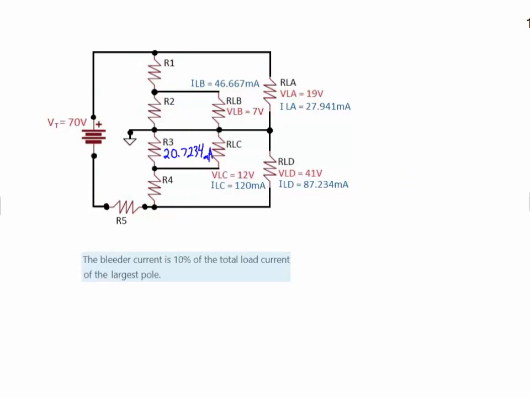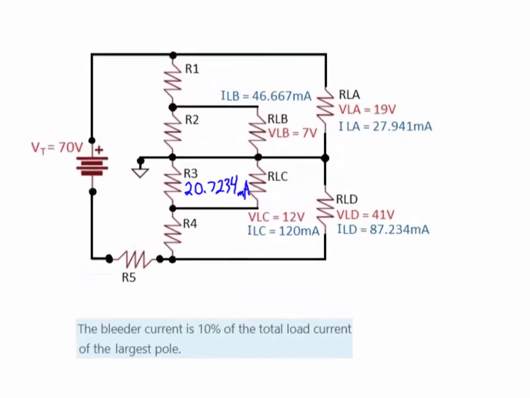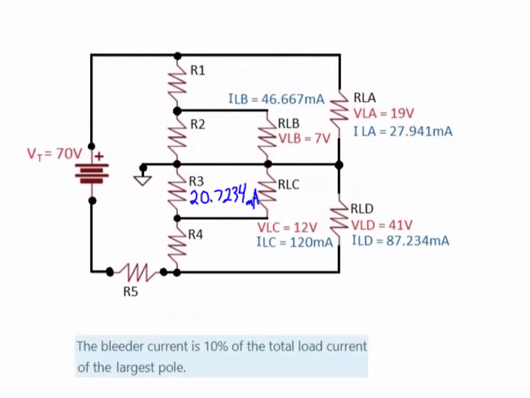Now we start using a combination of Kirchhoff's current and voltage laws and Ohm's law to solve this circuit. When you realize that resistor 4 current had to come from resistor 3 and load C combined, then we can use Kirchhoff's current law to add those two currents together to get current 4.